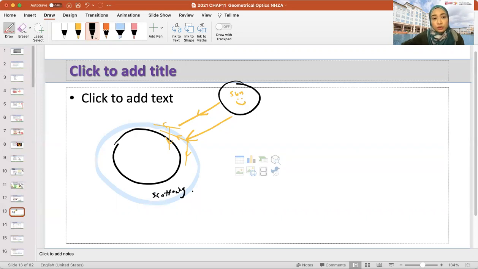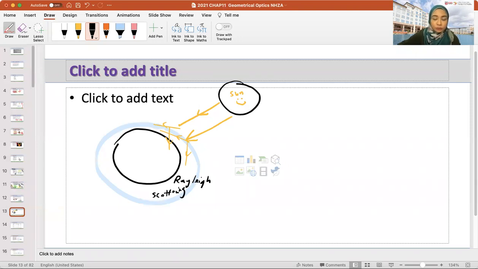It is also due to scattering. For the blue color, it's called Rayleigh scattering. I'm just introducing this to you guys. You don't have to memorize it. Don't panic. It's a term in physics. So Rayleigh scattering gives us the blue color in the sky, and this is also the case for sunrise and sunset when we see the red and yellow colors.